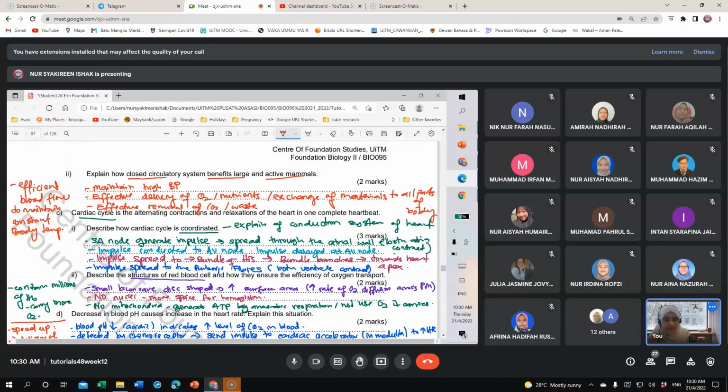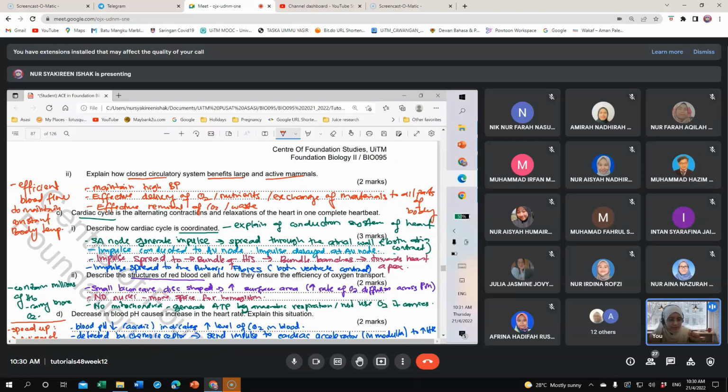For this one, you have to read the question carefully. The question does not ask you to explain how the cardiac cycle occurs, or what the stages of the cardiac cycle are. If it did, you would describe the stages, atrial systole, ventricular diastole, then ventricle contracts, atrium relaxes. That is where the question asks you to explain how the cardiac cycle occurs. But this question asks how the cycle is coordinated.